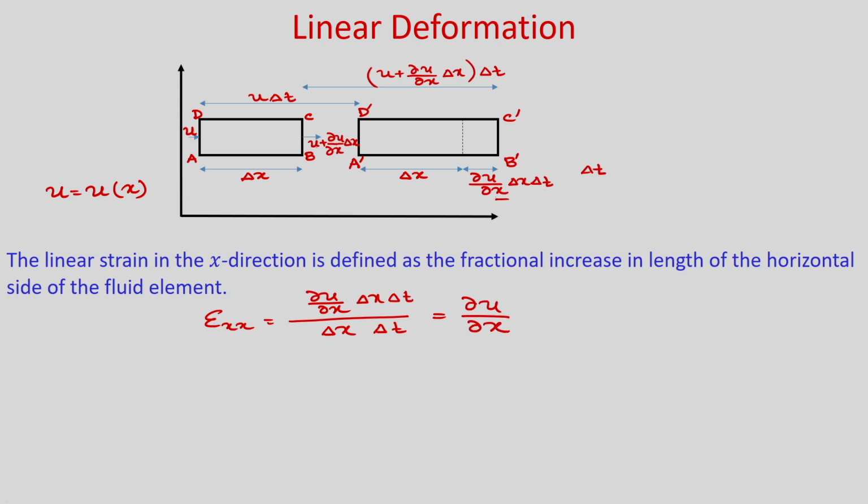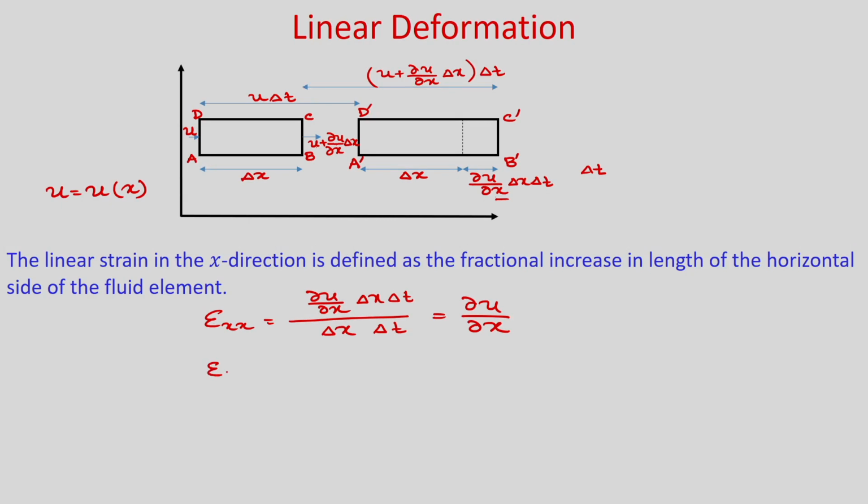So, if you consider the linear deformation in the x direction, it is represented by the velocity gradient del u by del x. Similarly, if v is a function of y and w is a function of z, we can write the linear deformation in the y and z directions as epsilon y y equals del v by del y and epsilon z z equals del w by del z.